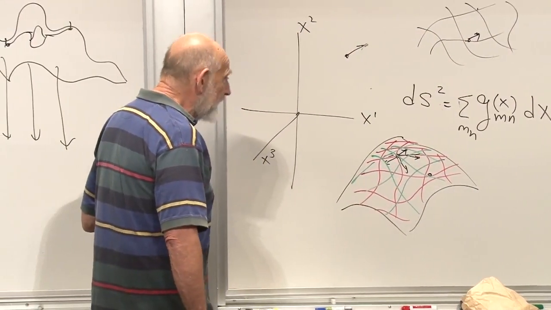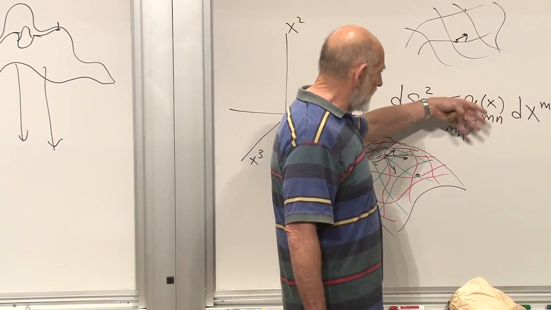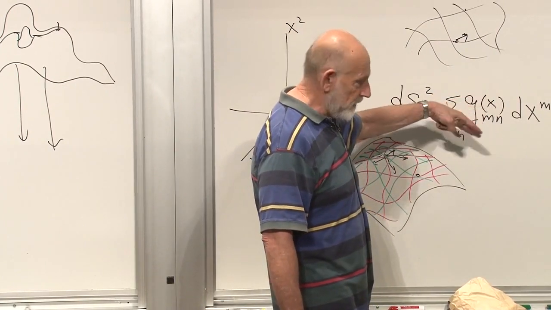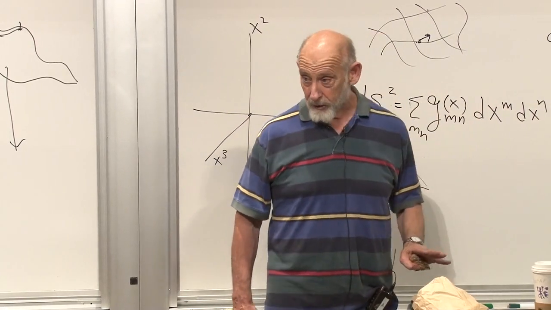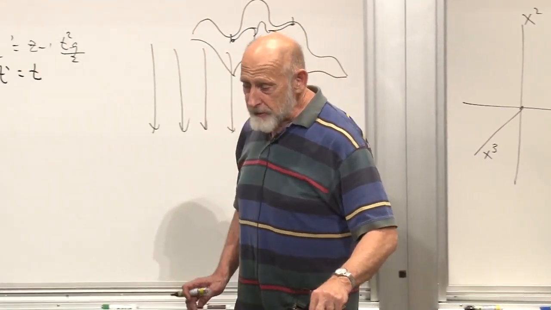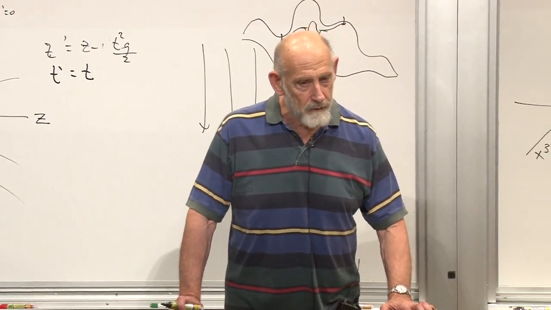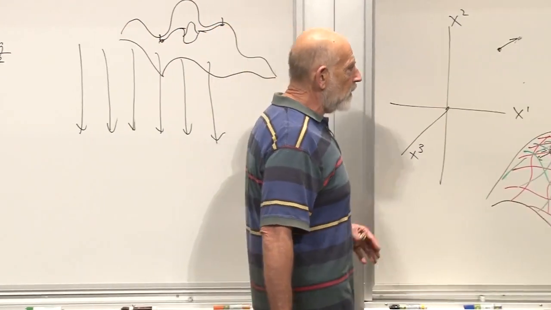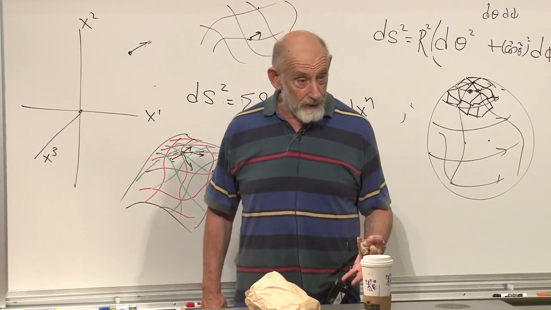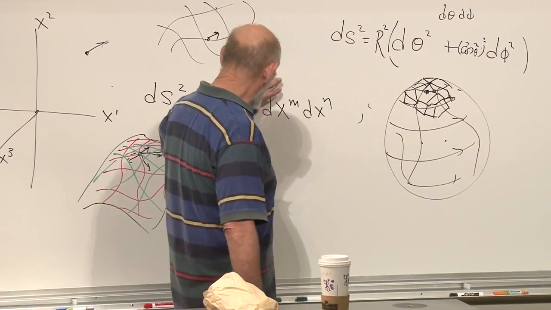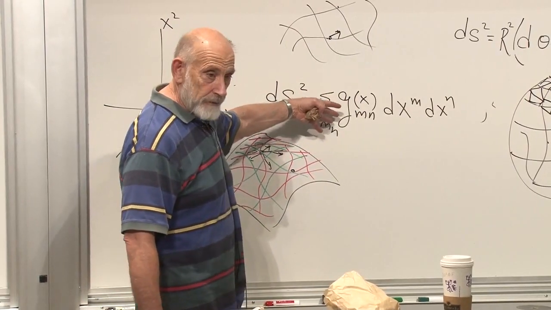The space is flat not if g_mn is just a bunch of zeros and ones, as if it were just the Pythagorean theorem, but if a coordinate transformation can make it look like that. It turned out to be a very close parallel to the question of whether you can find a coordinate transformation which removes gravitational fields. Can you find a coordinate transformation which removes the curvy character of the metric tensor here?